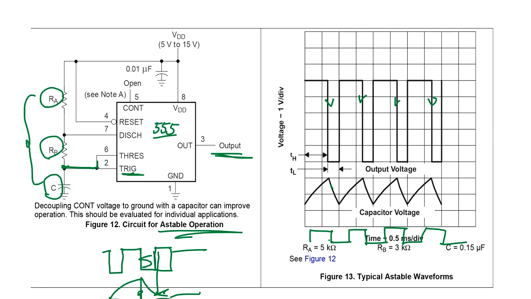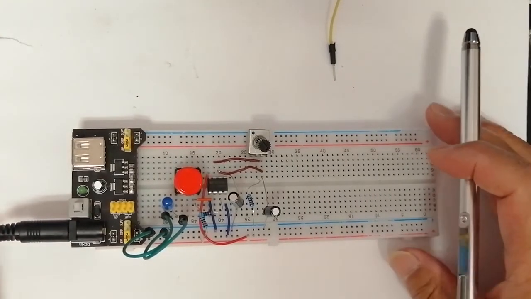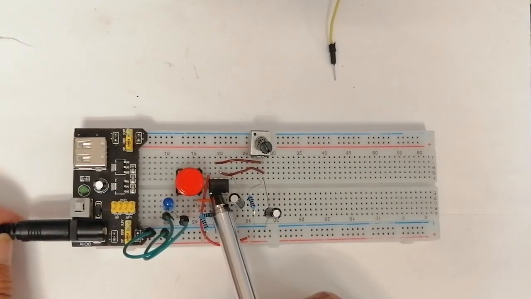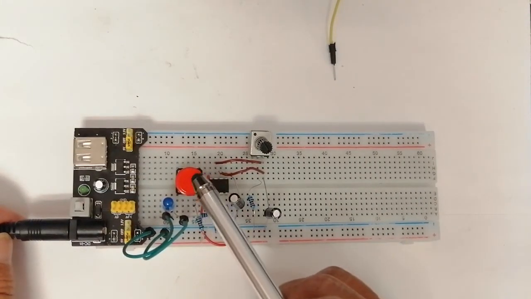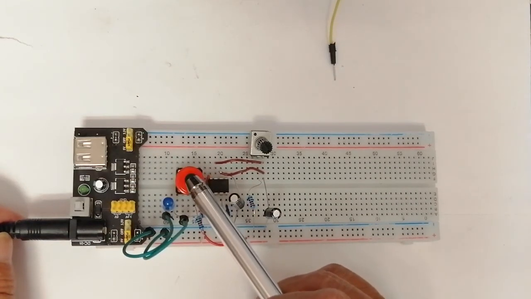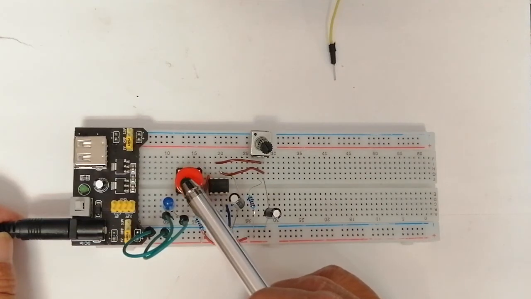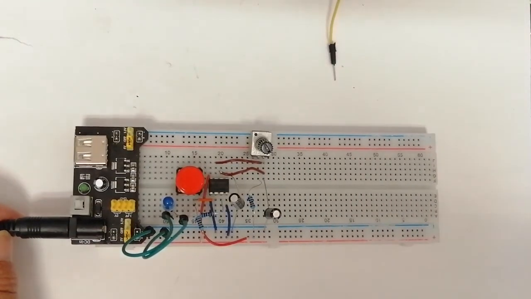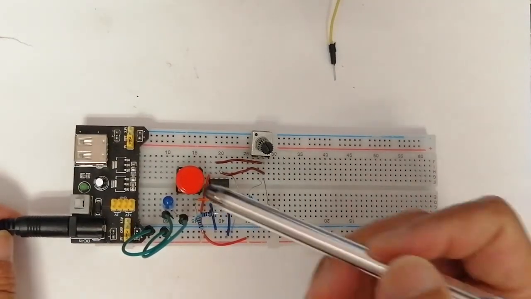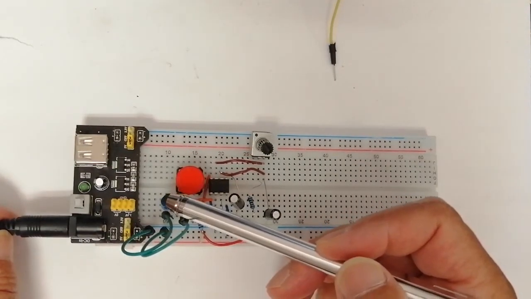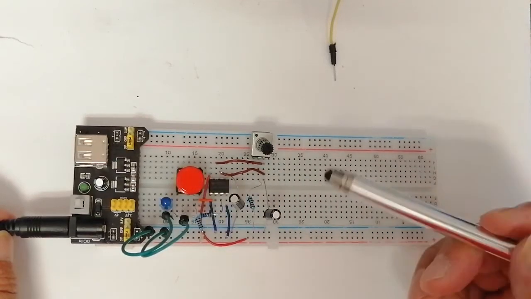Okay, so let's see the breadboard. This is the breadboard. The 555 IC chip is in the center, and this is the push switch to generate the negative pulse trigger. And this is the output monitor LED. When the output goes high, it lights up.